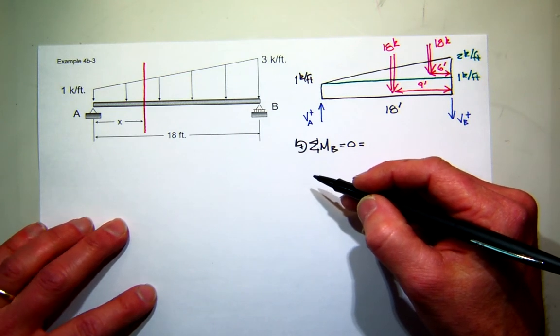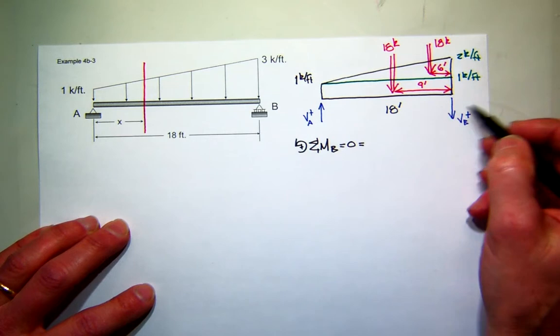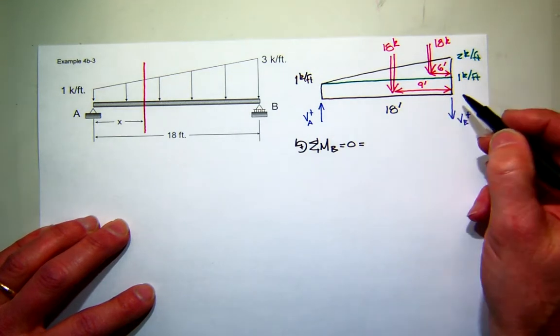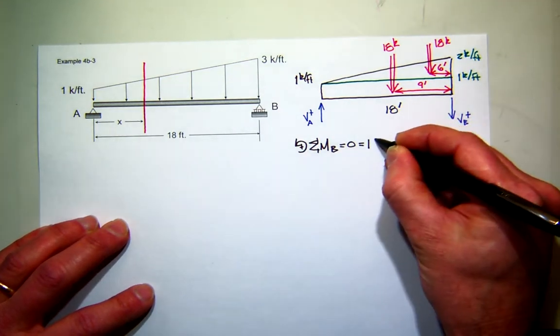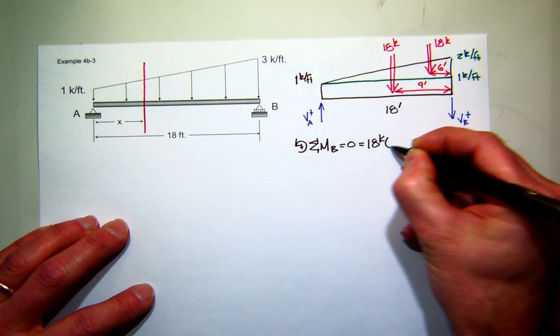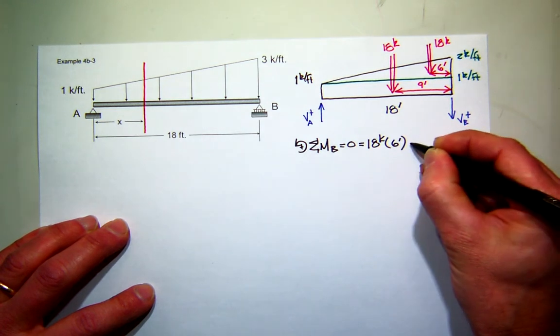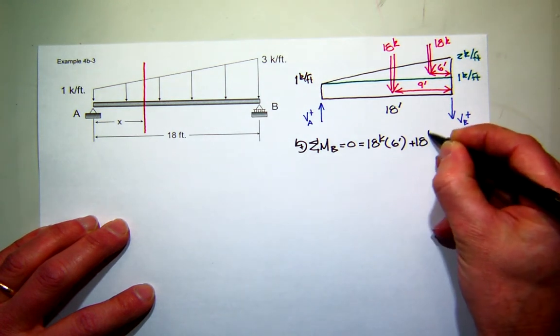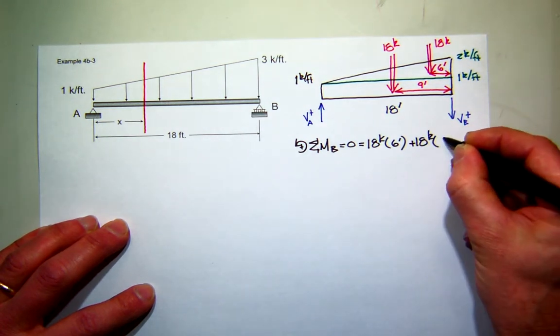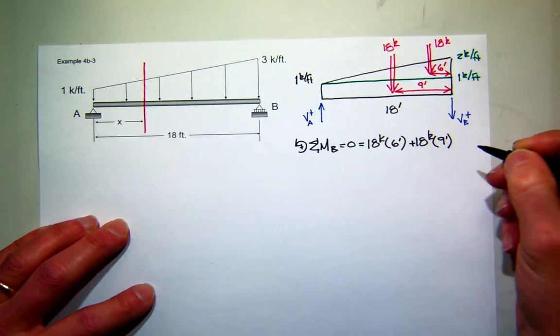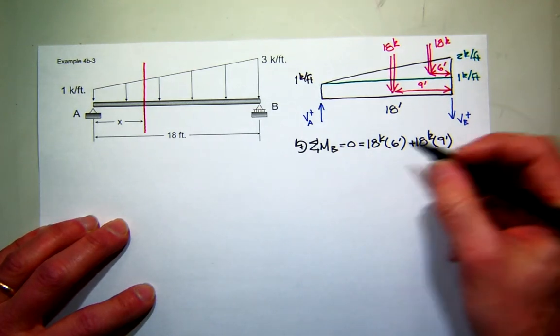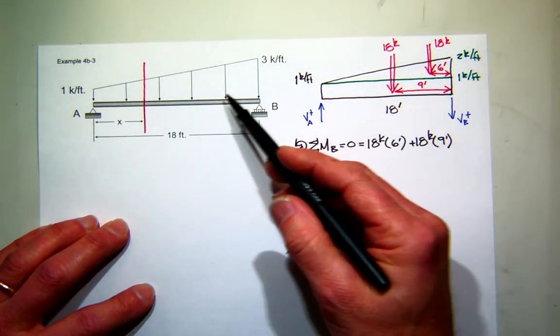Positive. Right? Right-hand rule. Positive about B. So the first one will be 18 kips times 6 feet plus 18 kips times 9 feet. It just so happens that they're the same.